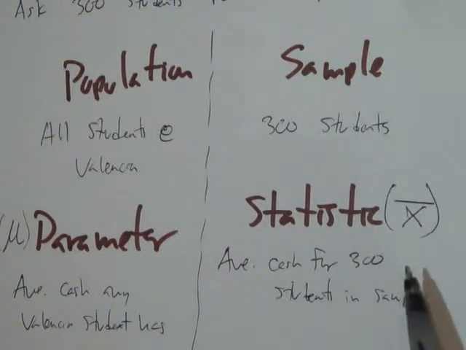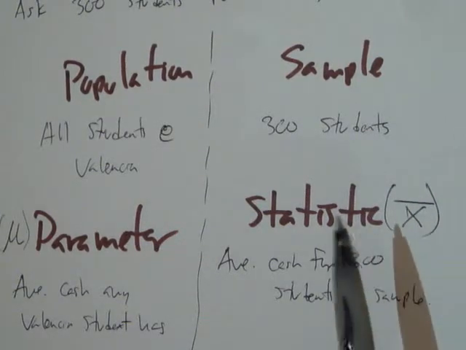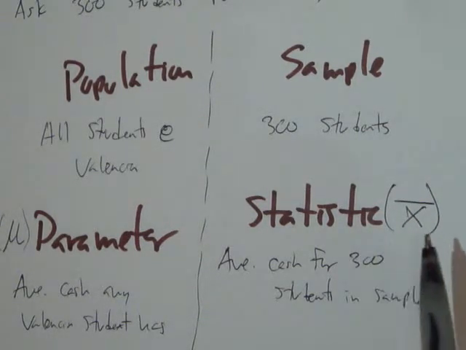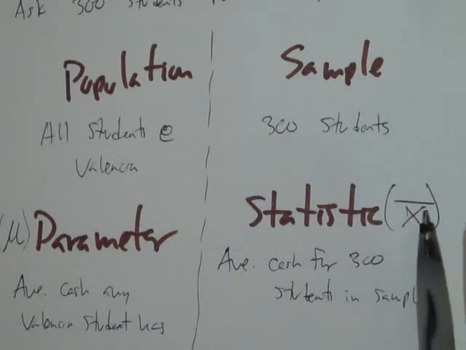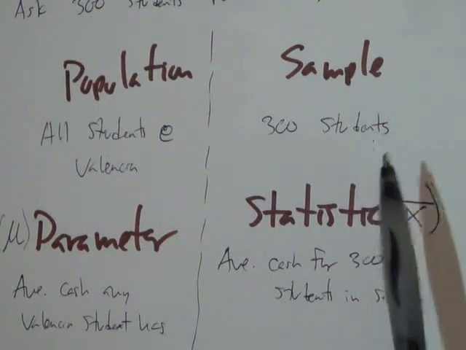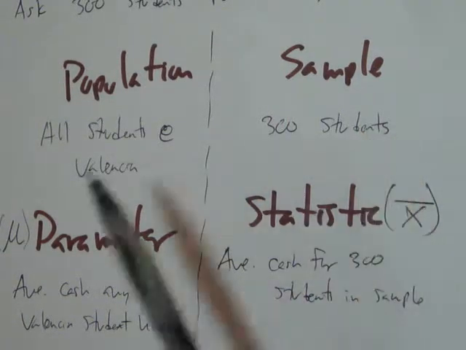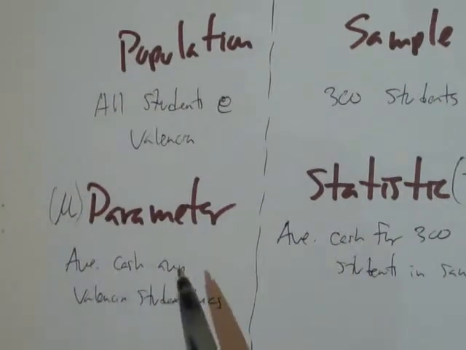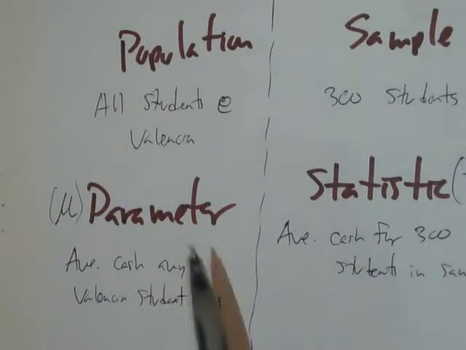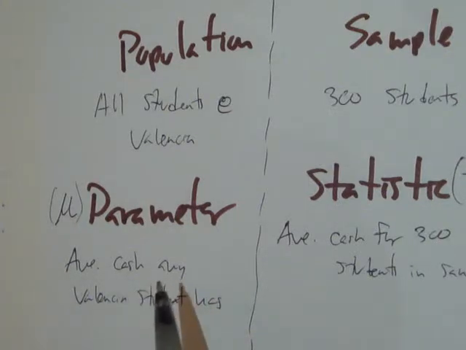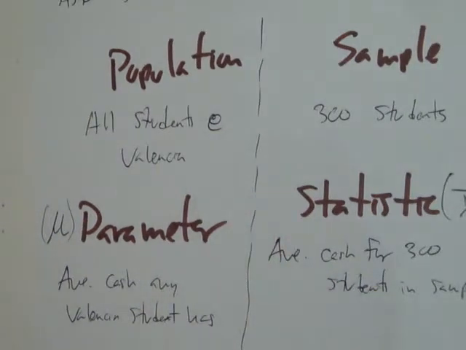We know for a fact what the average of our sample was, so our sample mean is 100% correct. It's our parameter that we're fuzzy about because we didn't talk to everybody. We know we're going to have a range for this, but we'll look at that in a little bit. Hopefully this helps us with the first couple of questions, and now let's move on to some more stuff that's more fun.